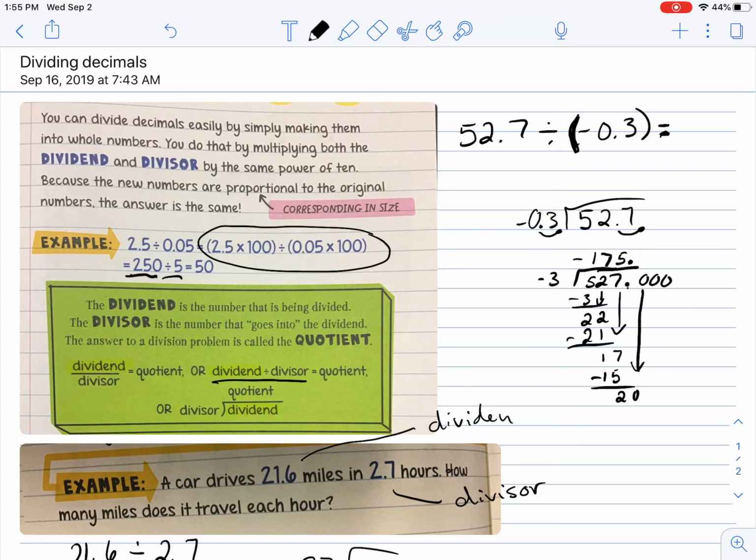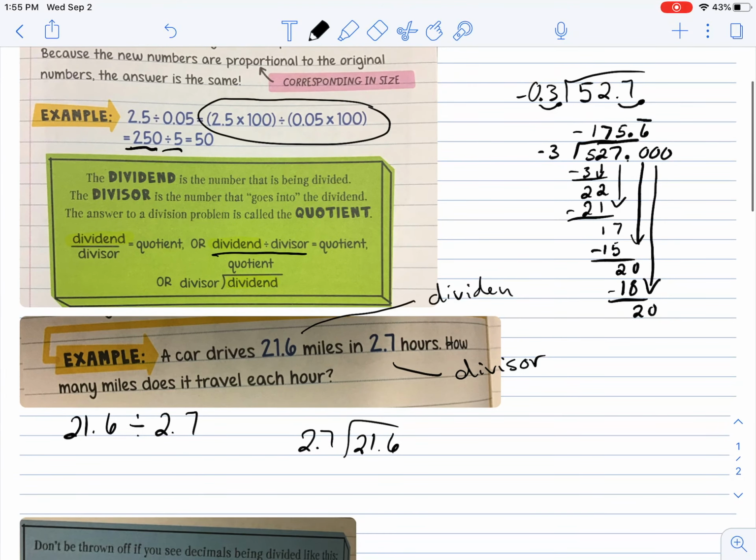Negative 3 can go into 20 6 times, giving us 18, remainder 2, and then this will bring down our next 0. What we'll see is that it's going to continue to be 6. So 6 is repeating. We note that with a little bar above it. And there we're finished. We've carried it until it repeated.